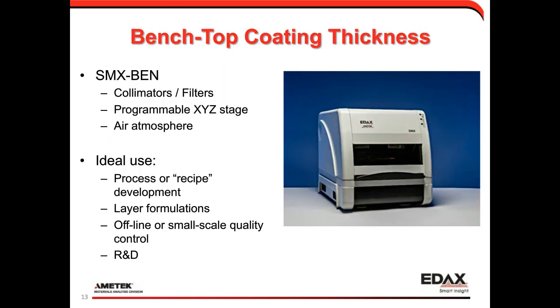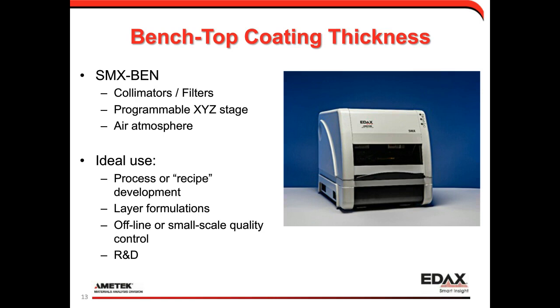The benchtop unit's measuring head includes collimators and filters. The collimators basically define your beam size that you're measuring at. The filters provide for you some beam conditioning. You can improve excitation efficiency in this way, improve the peak to background for certain elemental ranges.